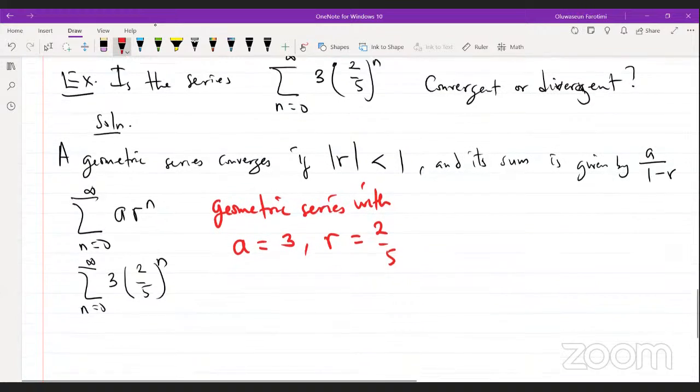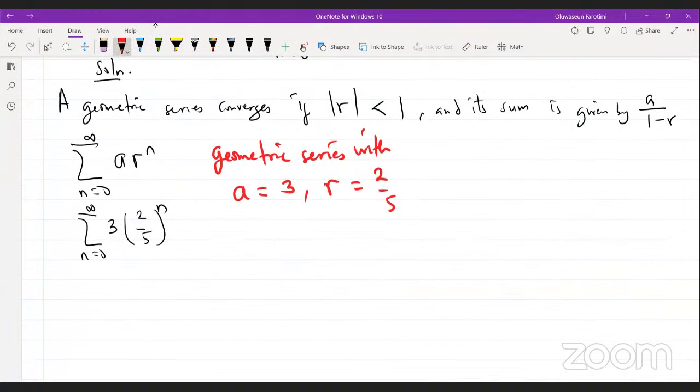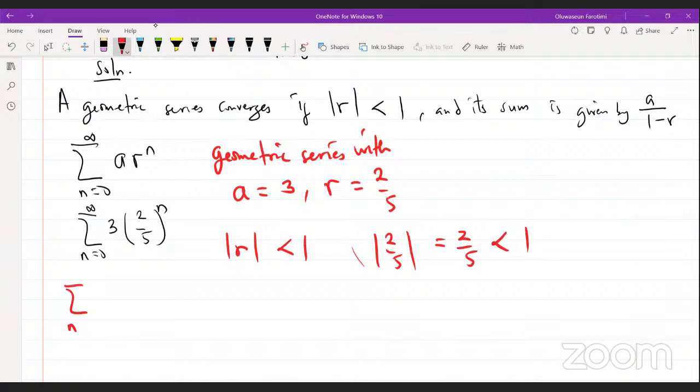Now, when do we know that it converges? It converges when the absolute value of r is less than 1. 2 over 5 is positive, and it is less than 1. So what do we say? First off, we say this series converges.